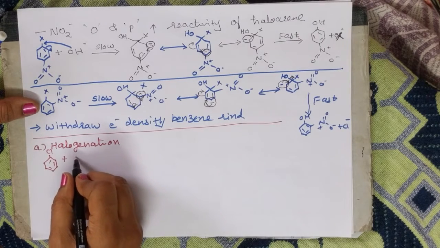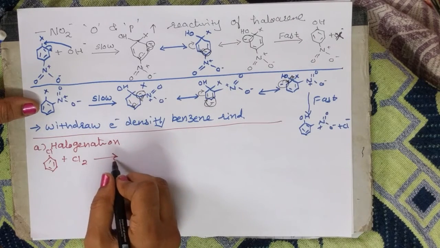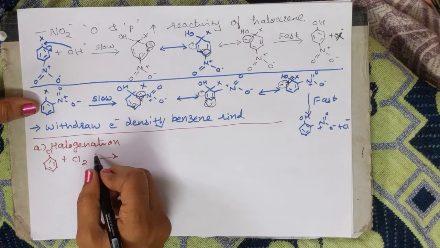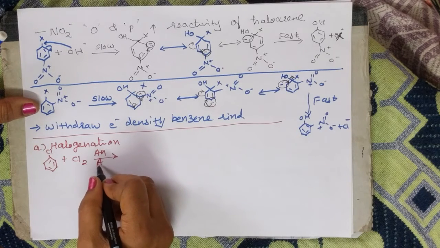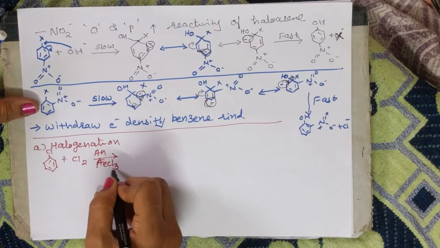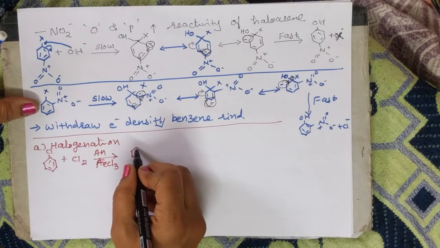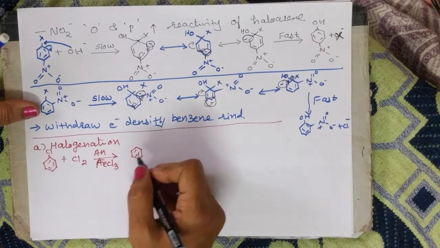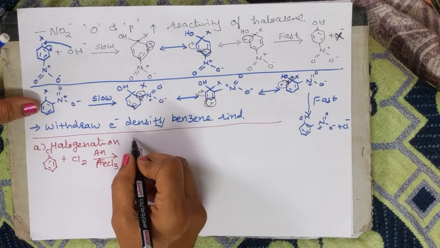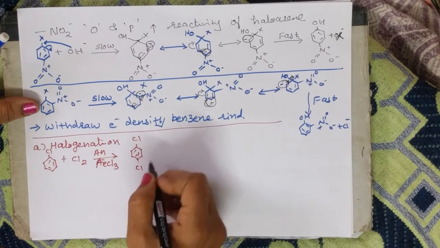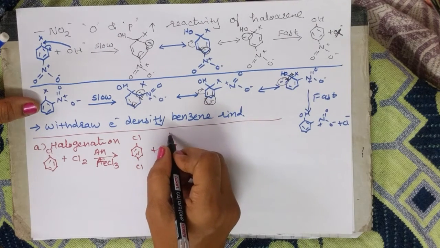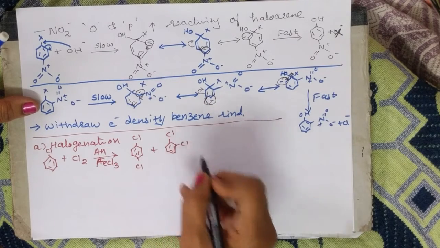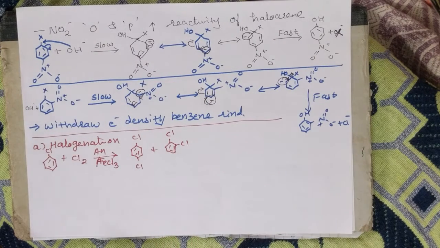When this chlorobenzene reacts with chlorine in the presence of anhydrous FeCl3, we get a mixture of 1,4 and 1,2 dichlorobenzene.